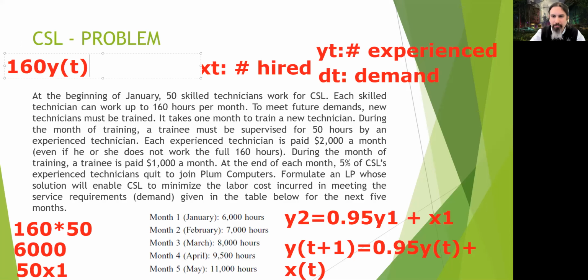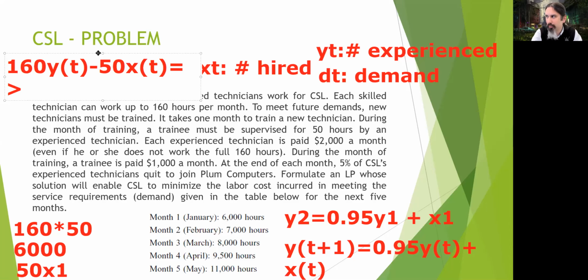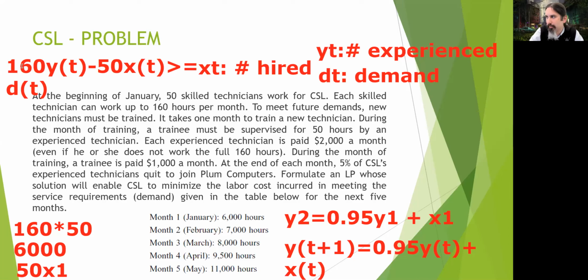If I have YT, then I have to subtract 50 times XT from it. Why? Because I'm going to train XT number of new technicians, which still should be greater than or equal to my demand for that period. It's something like this one, okay?